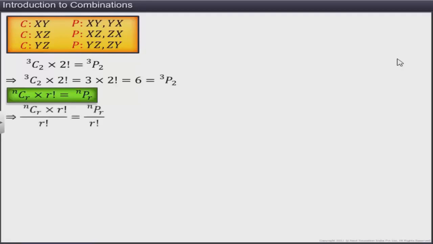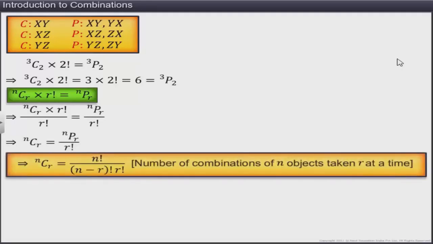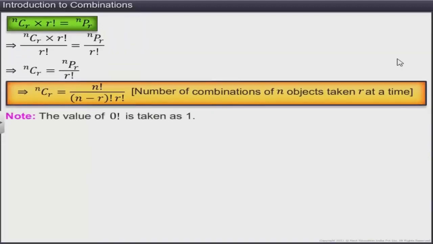Let's divide both the sides of the relation by r factorial. Substituting the formula of nPr, we get nCr as shown. Please remember that the value of 0 factorial is always taken as 1.